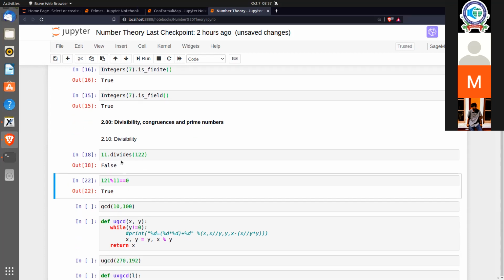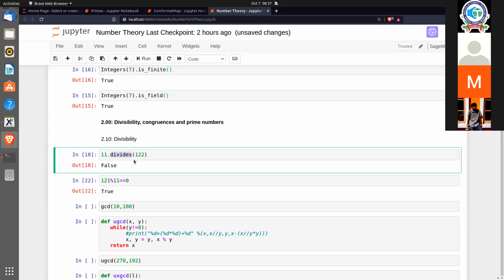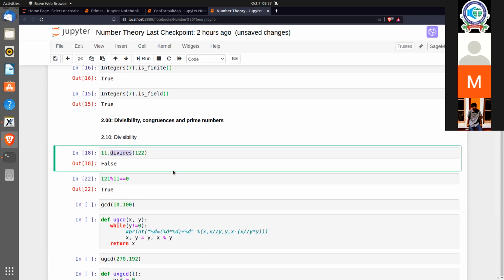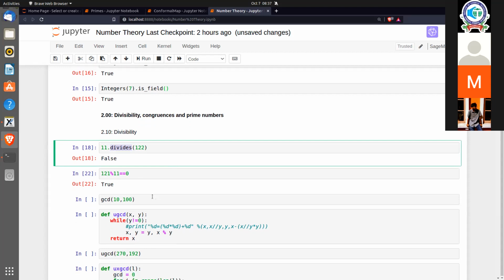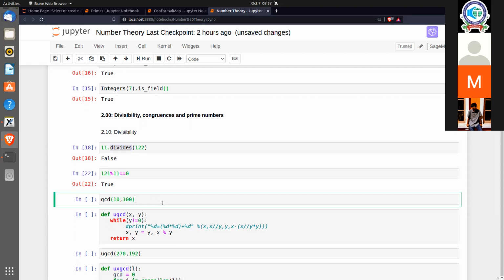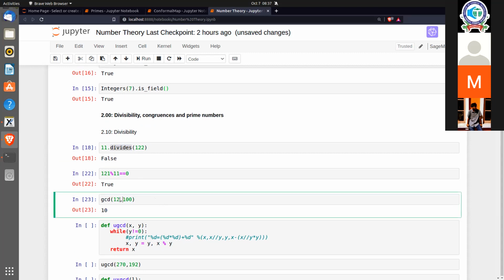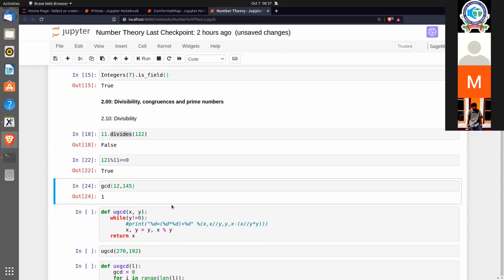Now that we have a concept of divisibility on our set, if we collect all the divisors, we want to know if there's some greatest divisor. For instance, the greatest common divisor of 10 and 100 would be 10, and if I choose something like 145, it would give me 1.